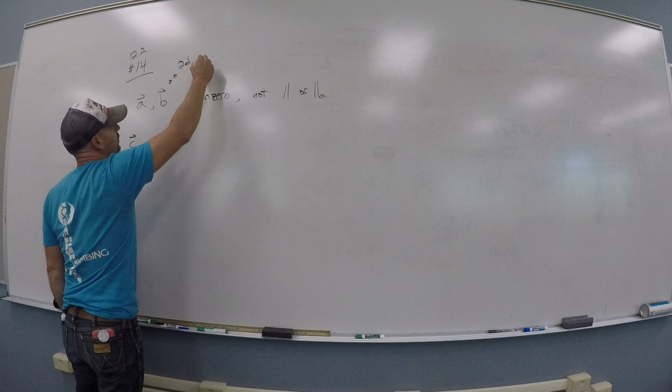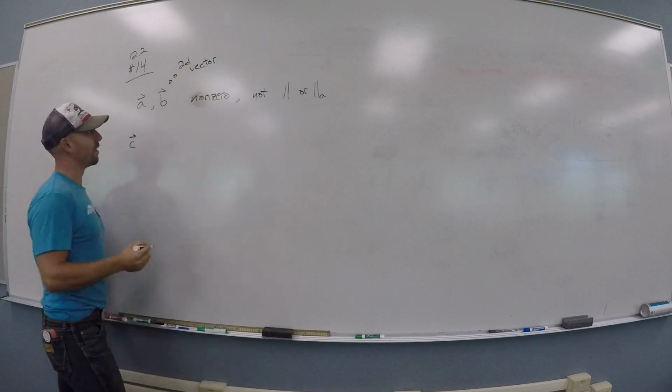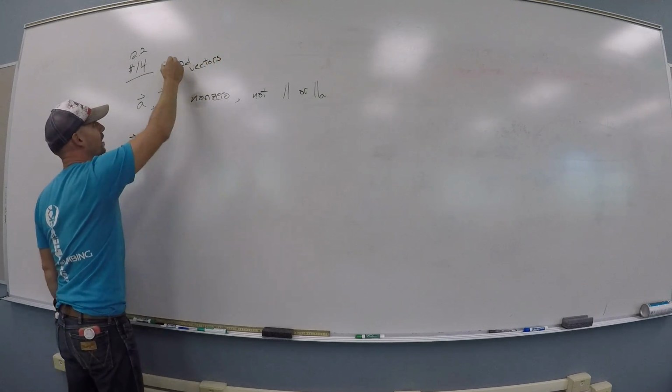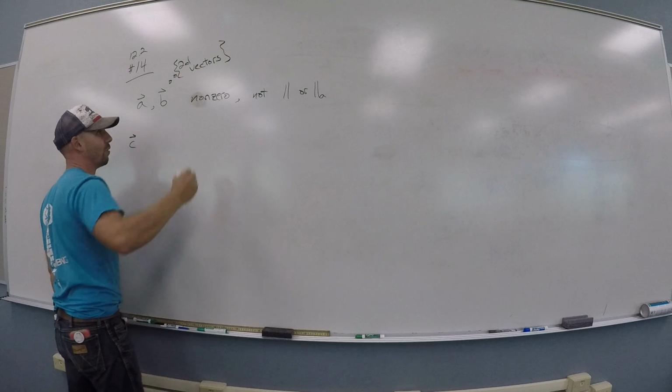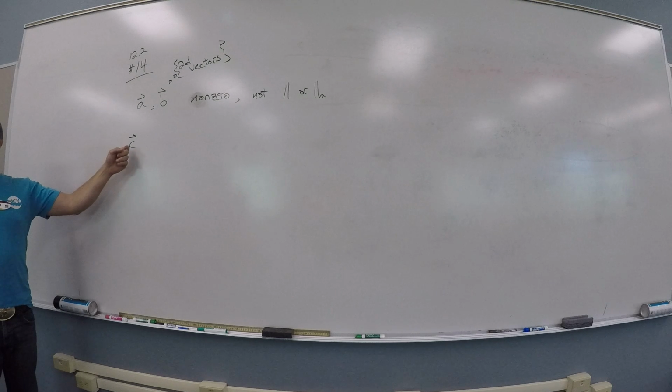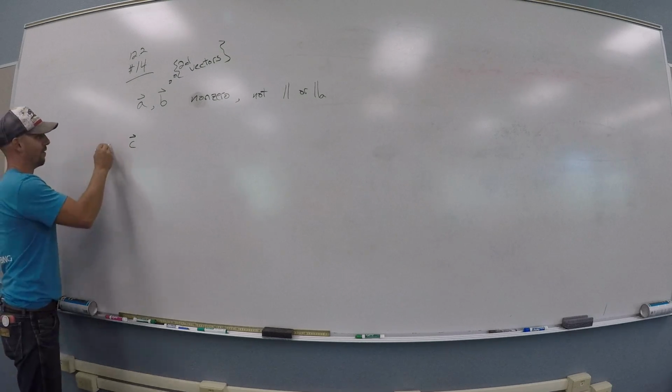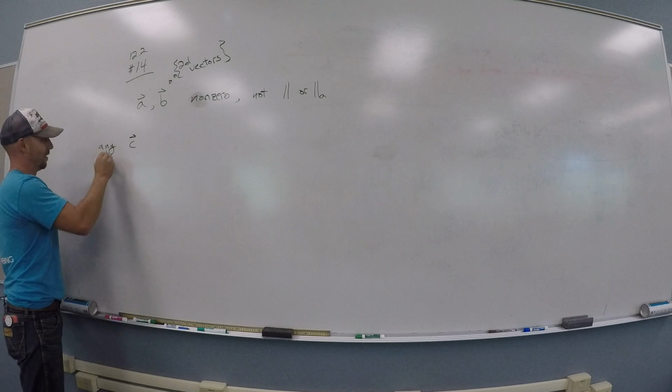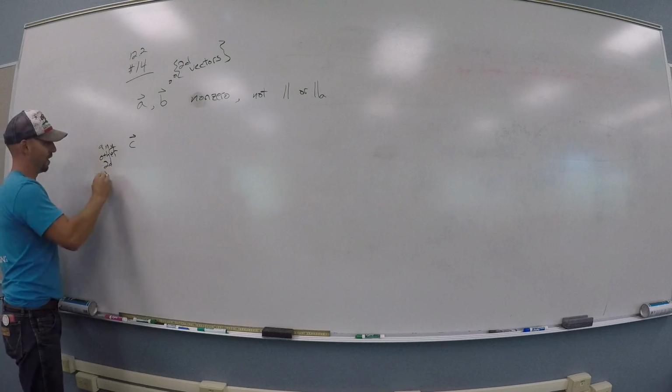So I have two 2D vectors that are not zero and are neither parallel nor anti-parallel. And then in 15 they talk about 3D, but it's 2D here. And I have C that's some other vector, any other 2D vector.